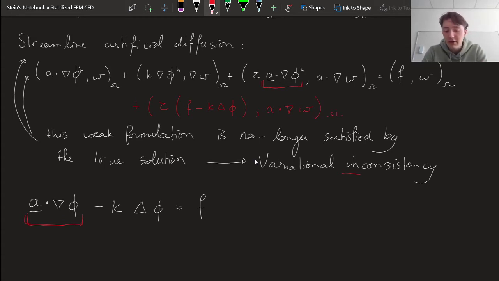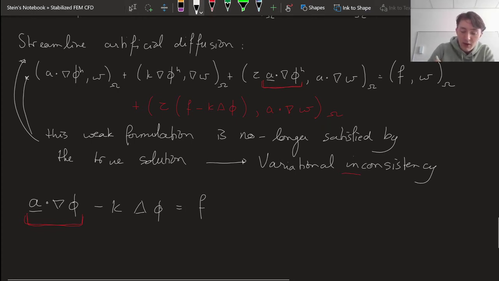So my suggestion is to add this term on top of our streamline artificial diffusion that we've developed so far. Now, do I have a physical reason for this? No, not really. So why am I proposing to do this?